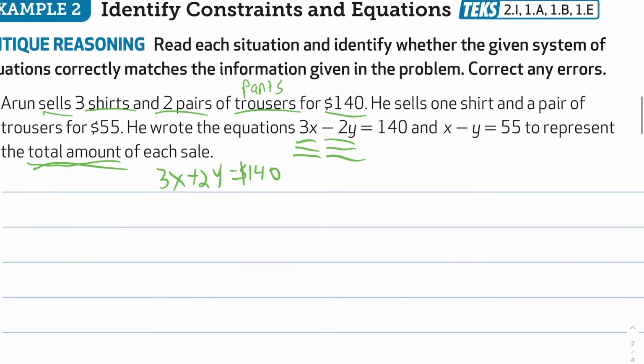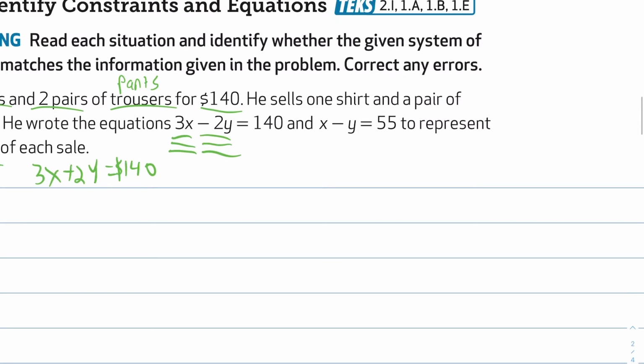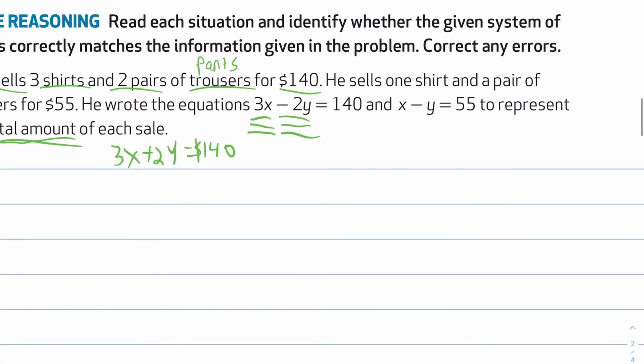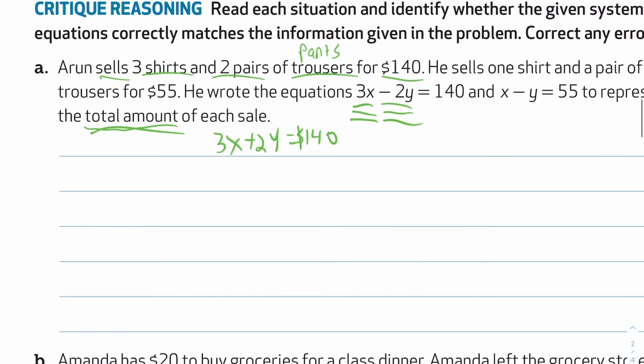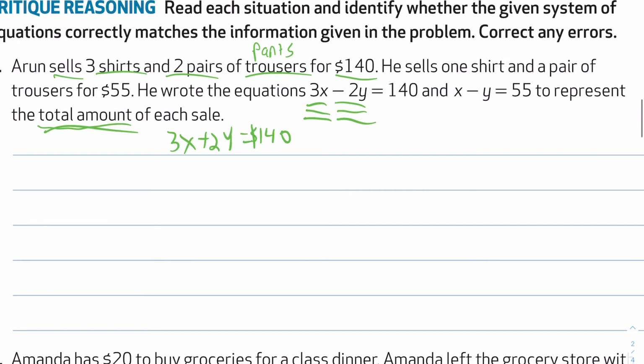But let's make sure with the second one. x minus y equals 55. That's for the second sentence, where it says he sells 1 shirt, 1 pair of pants for $55. So it's 1 shirt, 1 pant. He's selling them, so they need to have the same sign, and together they make $55.